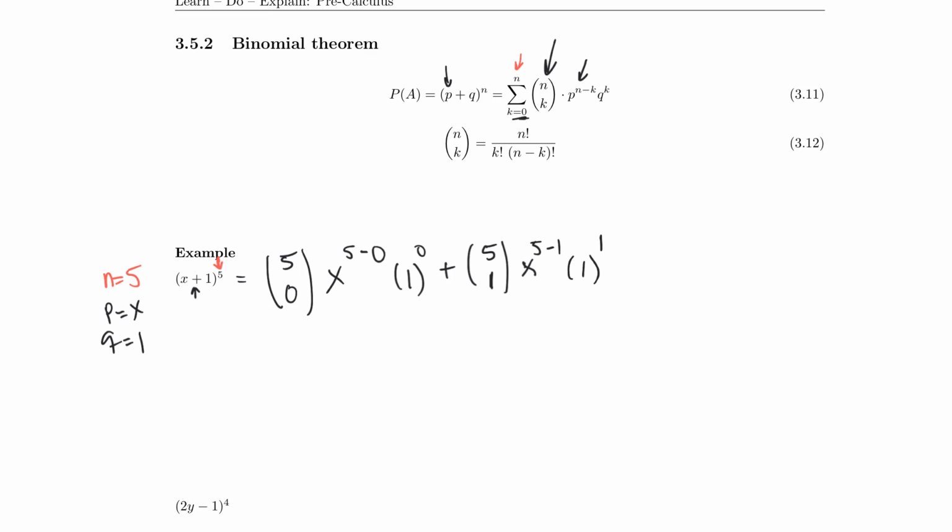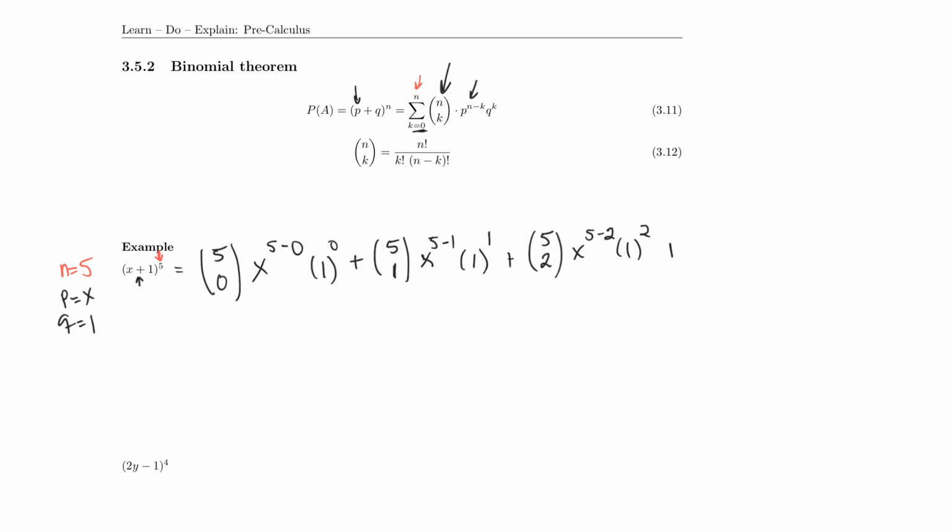And that's our second term. Then plus 5 choose 2, right? Because we keep increasing 0, 1, 2. Then times x to the 5 minus 2, 1 to the power of 2.